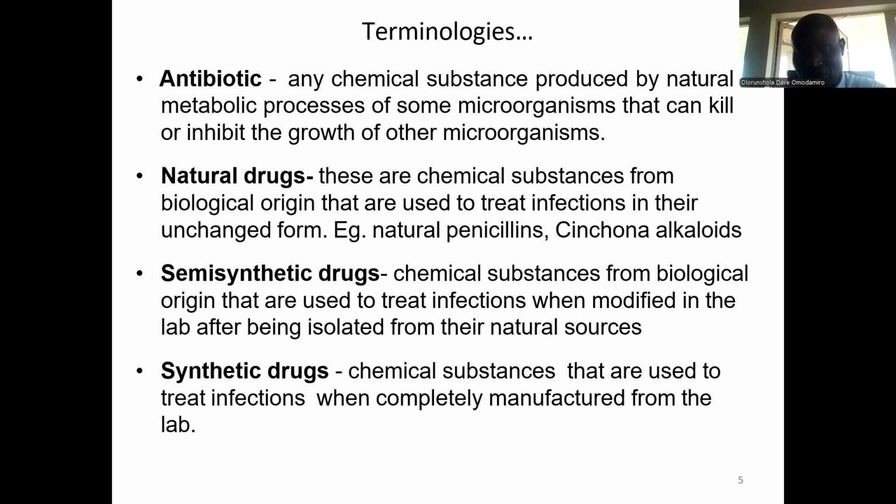Cinchona alkaloids are also a very good example of natural drugs. Semisynthetic drugs are chemical substances from biological origin that are used to treat infection when modified in the lab after being isolated from their natural sources. What is a synthetic drug? A synthetic drug is a chemical substance that is used to treat infection when completely manufactured in the lab.